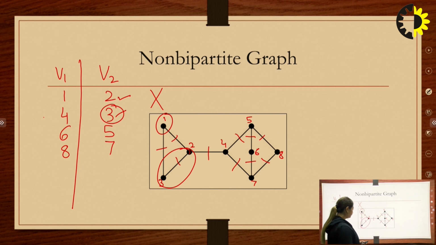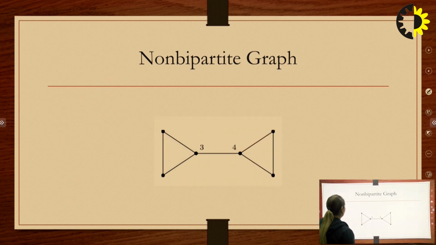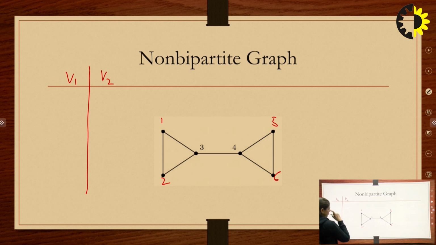Okay. Again, one more example: 1, 2, 3, 4, 5 and 6. Again, you see this, V1, V2. Start from here.